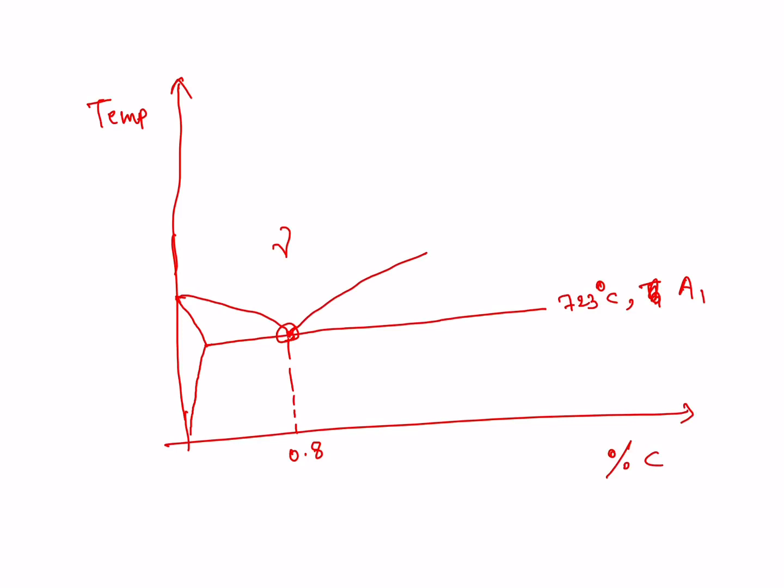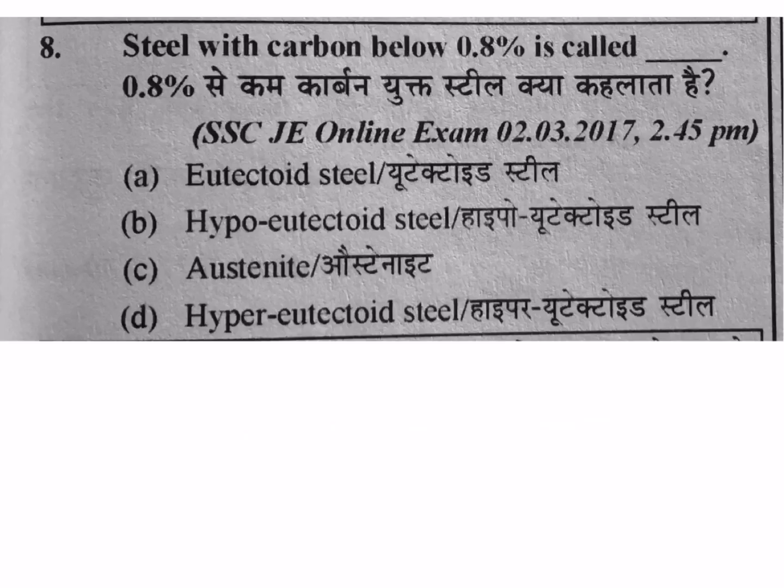Ferrite plus cementite, you will get pearlite, alternate lamellae of ferrite and cementite.